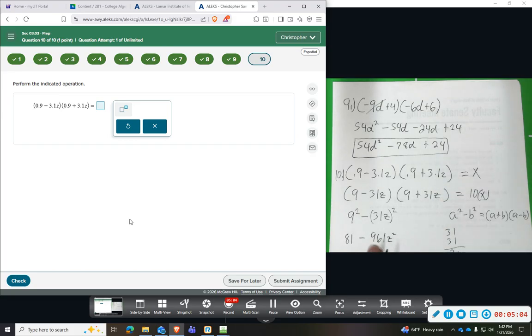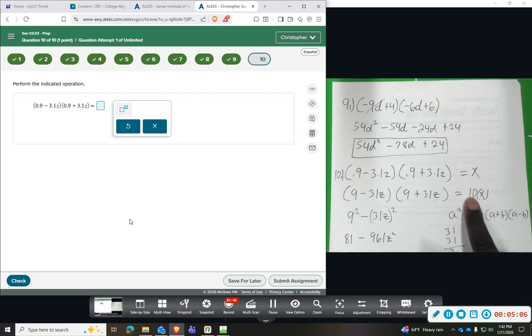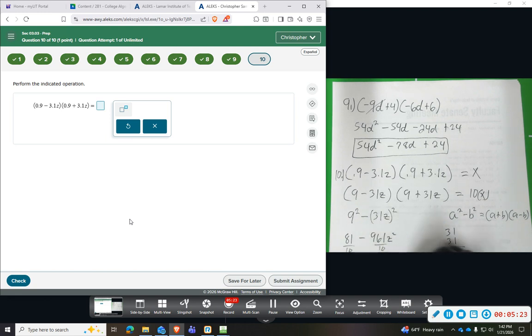So this is what we get, but remember I multiplied by 10, so if I go back and divide by 10 to undo, so I don't have to deal with decimals, this is 8.1, and then this will be 96.1z squared. So I believe this is the form they're going to want it in.